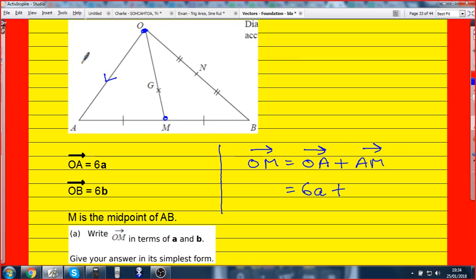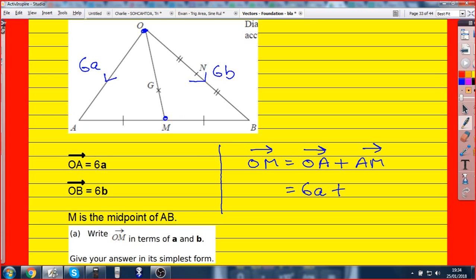So we said OA is 6A and OB is 6B. Okay, and M is the midpoint. So we have to find O to M. So we could go O to A and then A to M. So O to A is 6A.